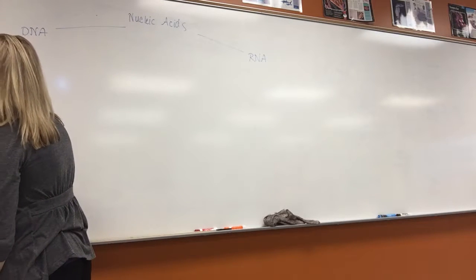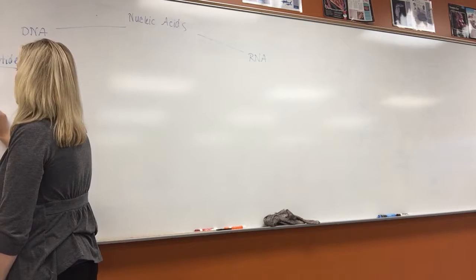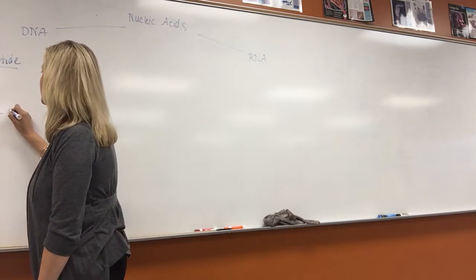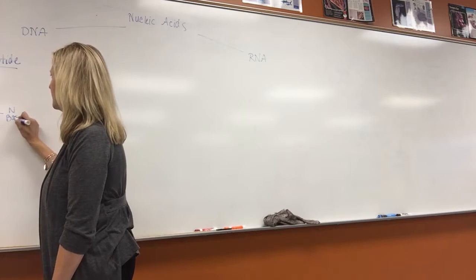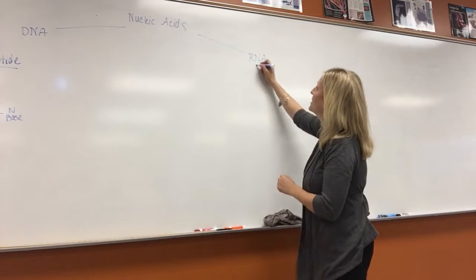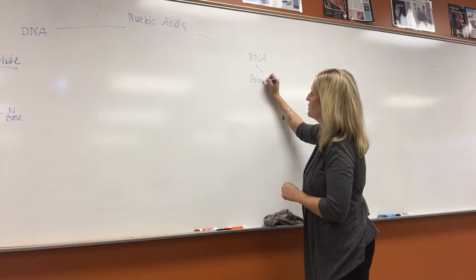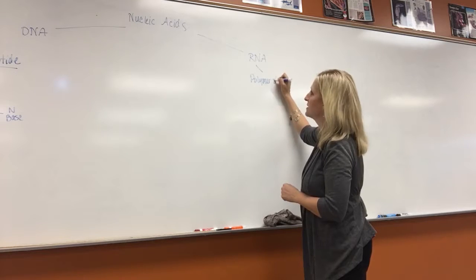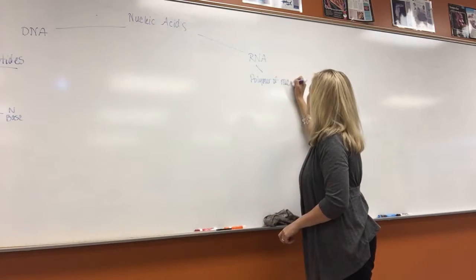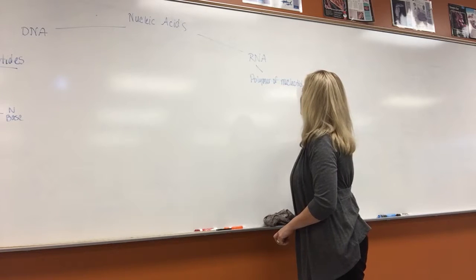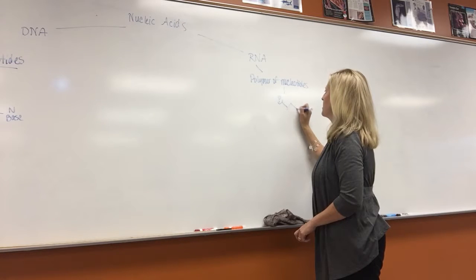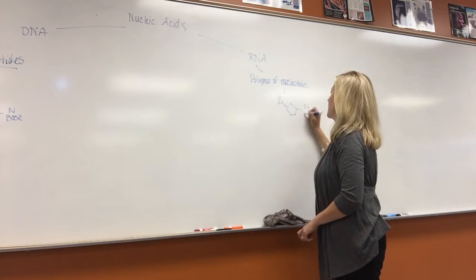It has a phosphate group, a pentose sugar, and the third one is a nitrogenous base. That's a nucleotide. RNA is also a polymer of nucleotides, and has a phosphate and a pentose sugar and a nitrogenous base.